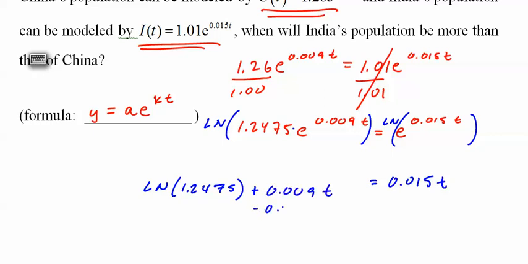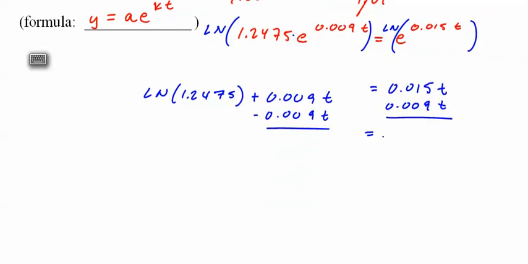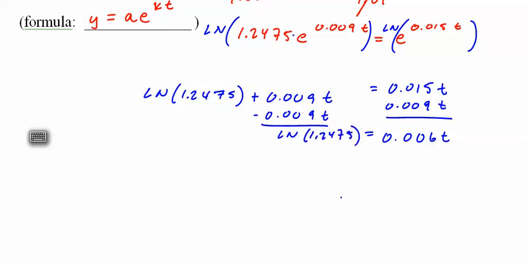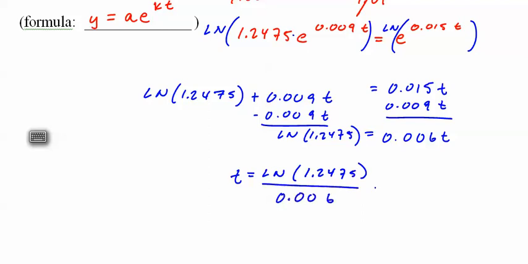Subtract: 0.006t. ln 1.2475 equals 0.006t, so t equals ln 1.2475 over 0.006.